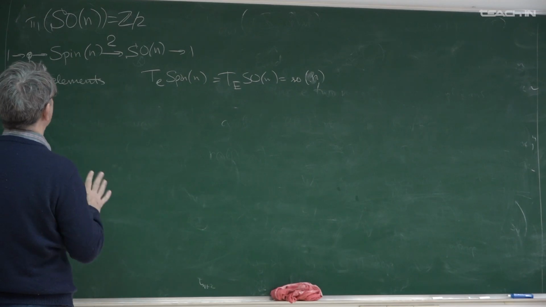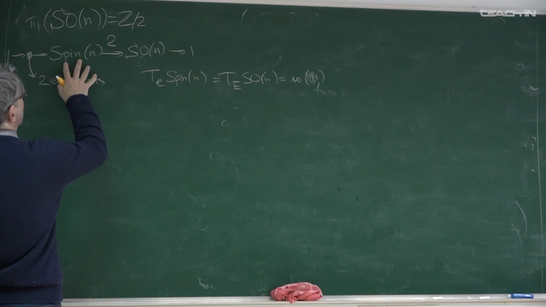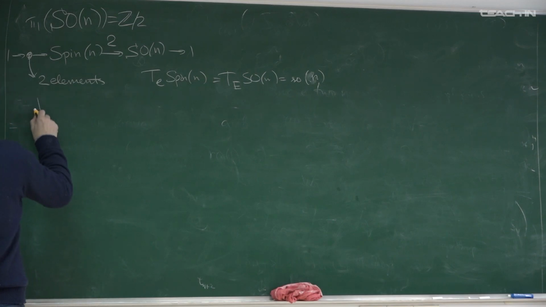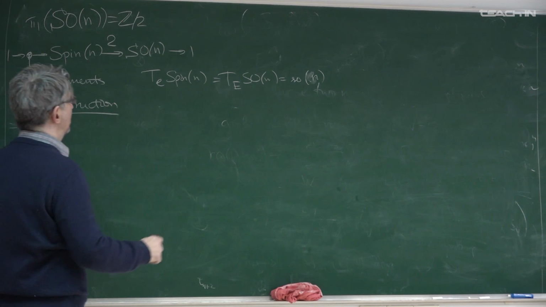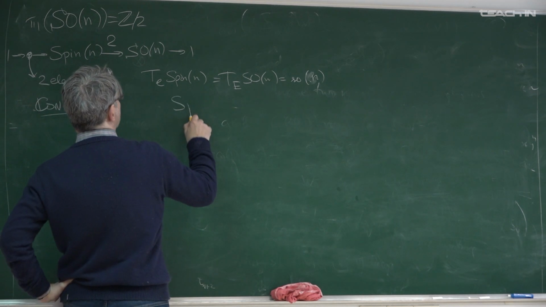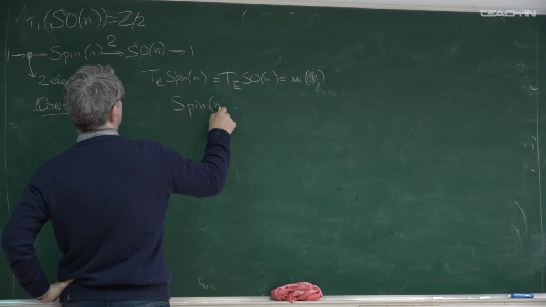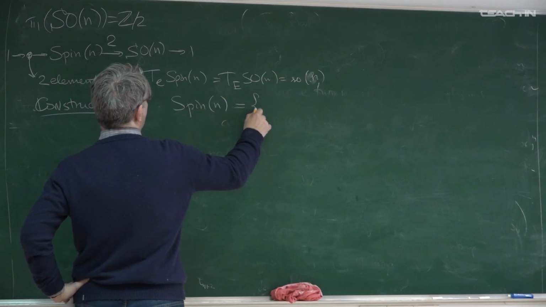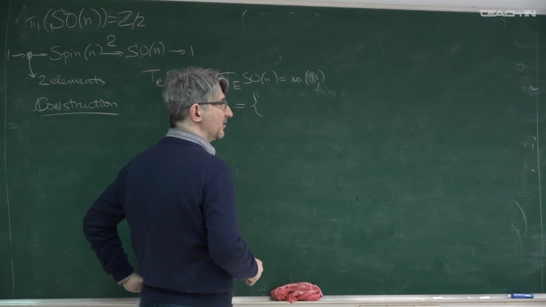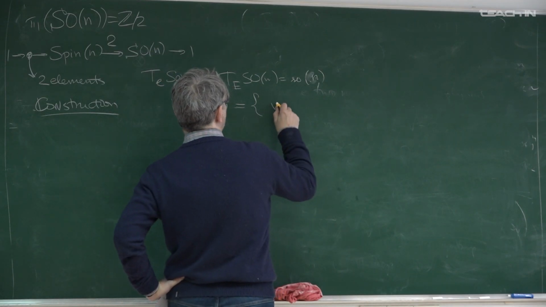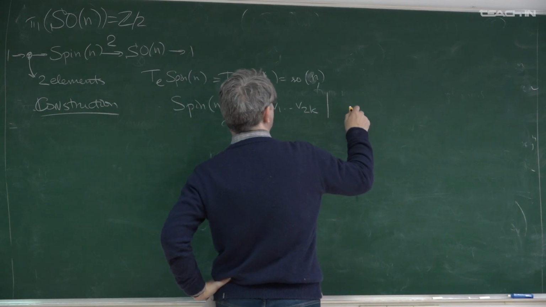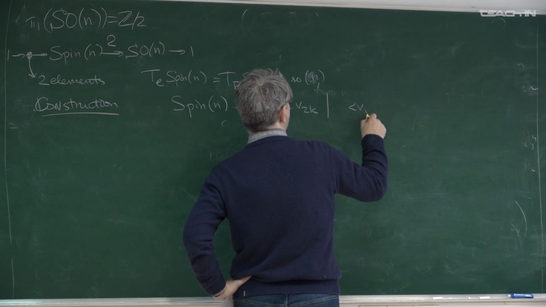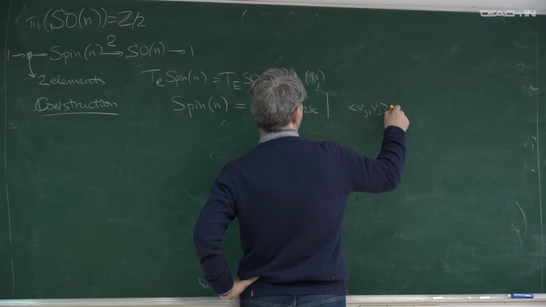Well, nevertheless, what I want to do is describe Spin n directly. Definition, construction. I like this construction very much. So let us consider inside Clifford algebra some specific collection of elements V1, and so on, V2k, where the scalar product of V with itself is equal to 1.